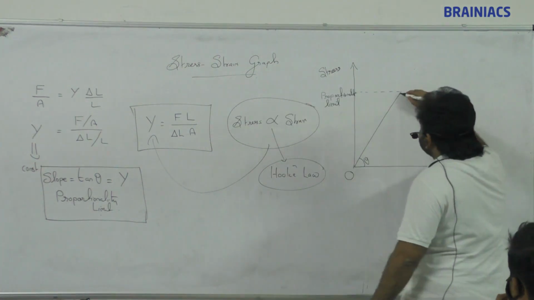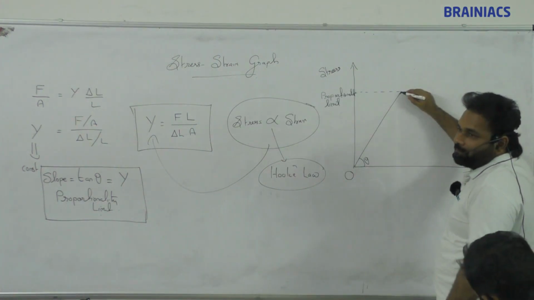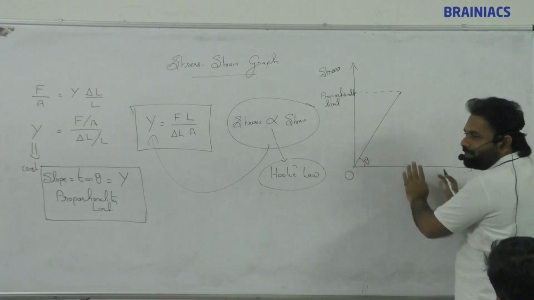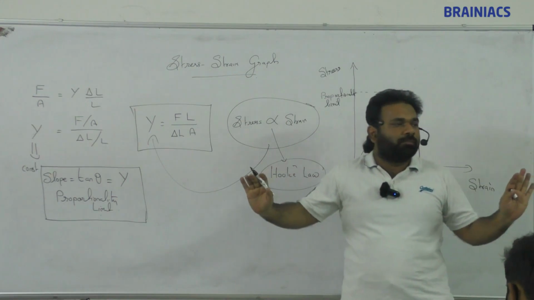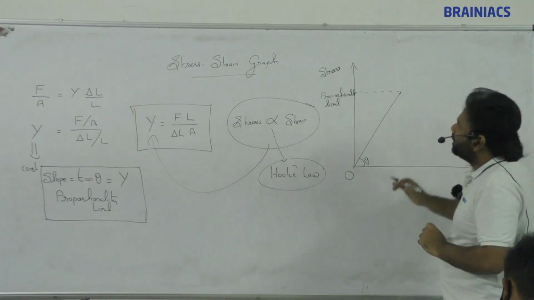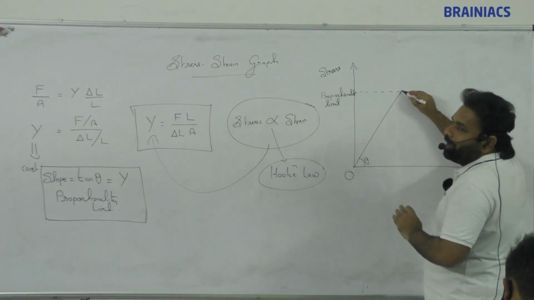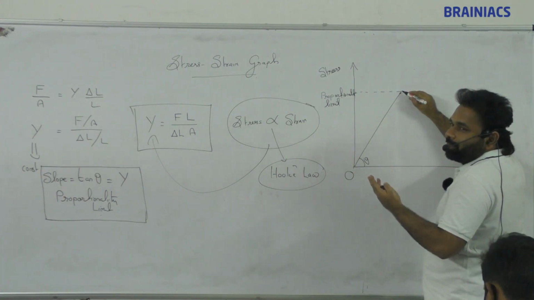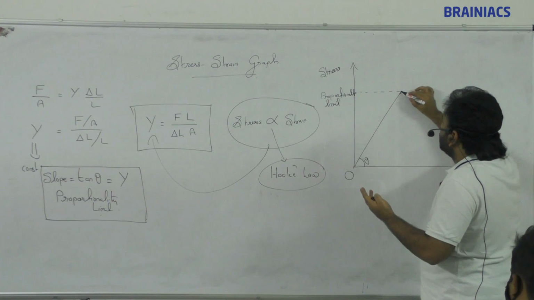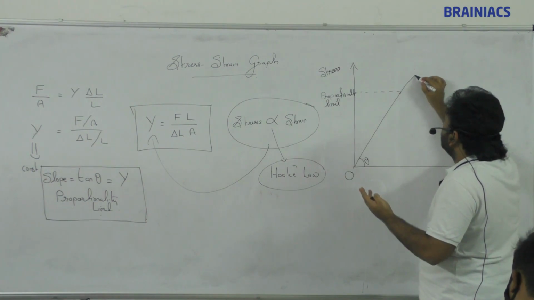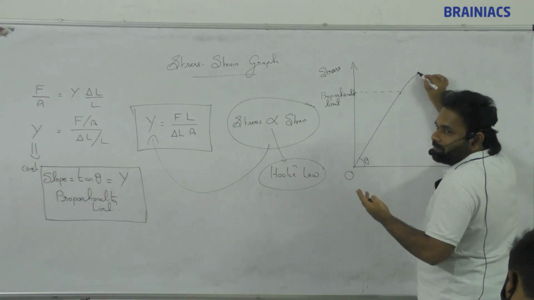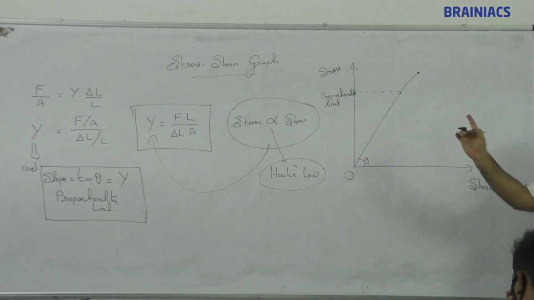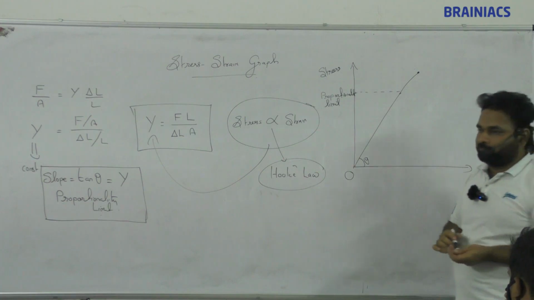So what happens is with Vikram, till here, when someone is teasing, he is very cool. After that, if someone is teasing again, he starts losing his cool attitude. Till this point, stress is not proportional to strain.